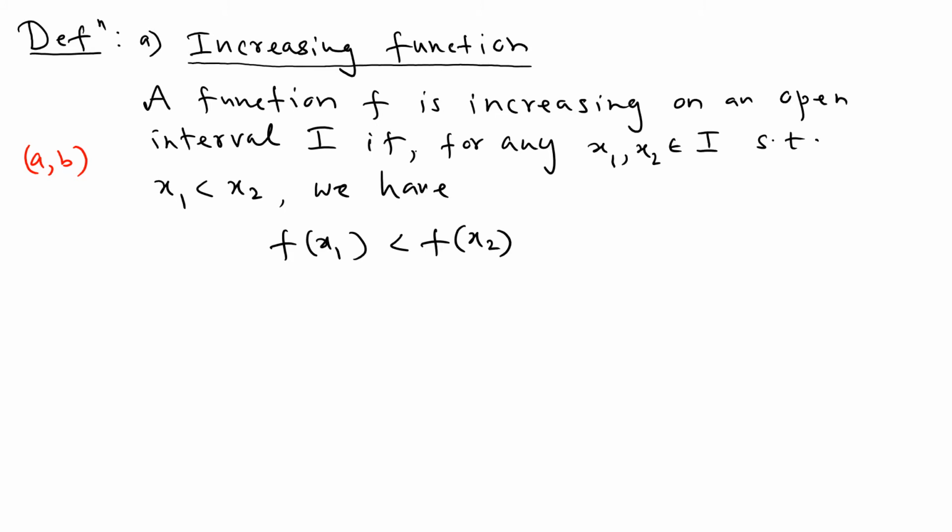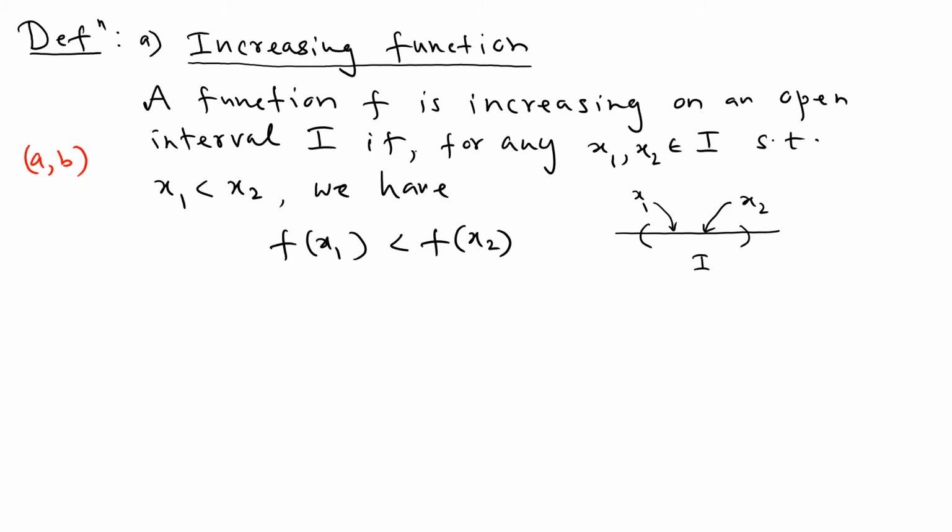So what did we do? There's an interval I. That's the interval I. So we pick two values. That's the x1 value, and then you pick another value which is to the right of x1, because then we make sure that those values increase. Then we look at what happened to the corresponding function value.